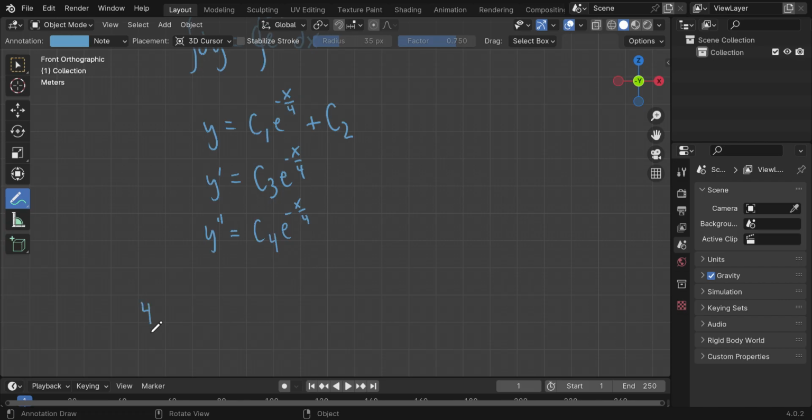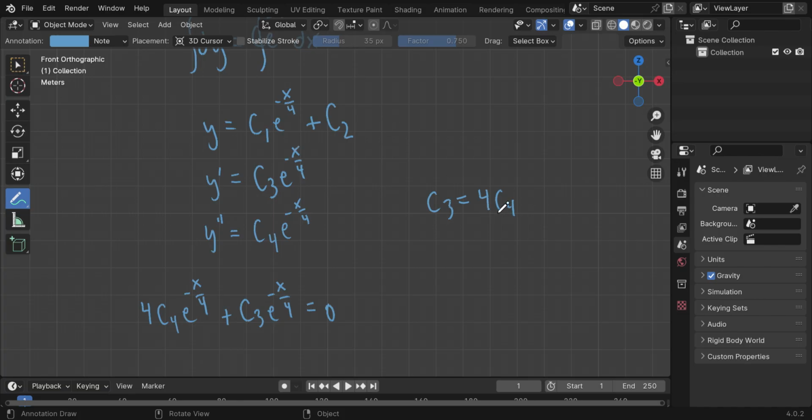So let's see. 4y'', which is C4 e to the negative x over 4, plus y', which is C3 e to the negative x over 4, and that is equal to 0 when C3 equals 4C4, because the derivative brings down the negative 4.